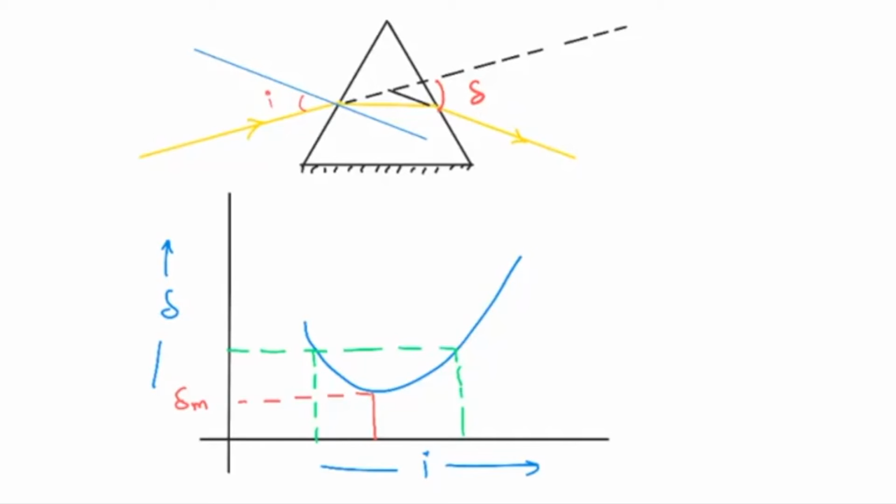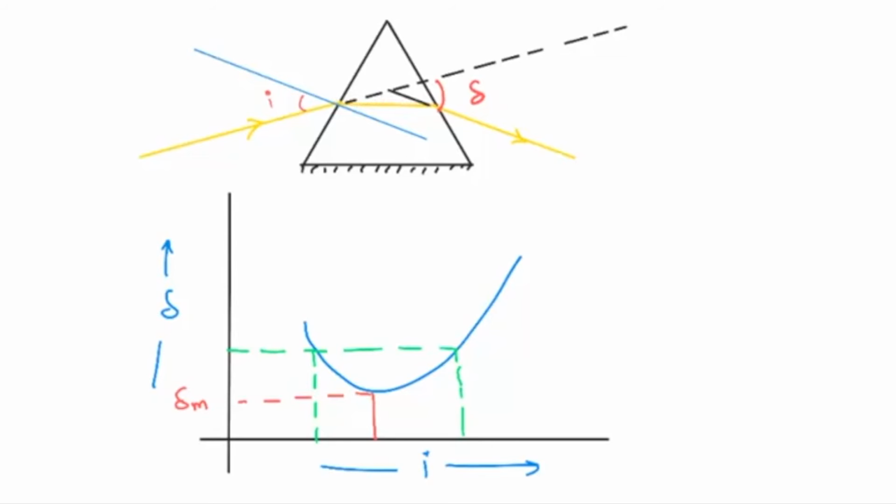So corresponding to that, you will get a unique value of angle of minimum deviation for each color. And when your angle of incidence is set for minimum deviation, your ray inside the prism becomes parallel to the base. So that is the shortest distance covered inside the prism as well.